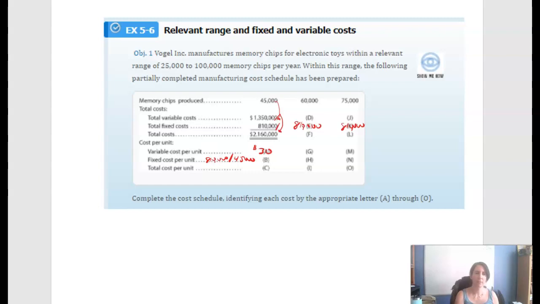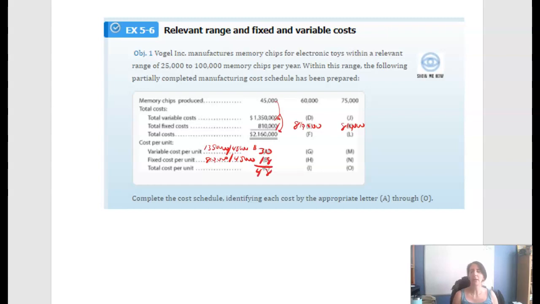Erase. Pen. 1,350,000 divided by 45,000. Okay, hopefully you got that, even though it's a little messy. All right, so 810 divided by 45,000 is $18 per unit. So the total cost per unit, we add these two, and we're at $48 per unit.